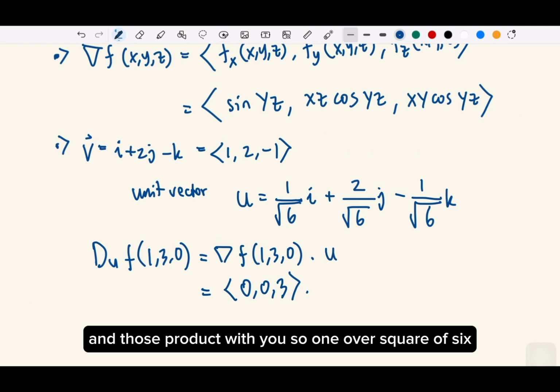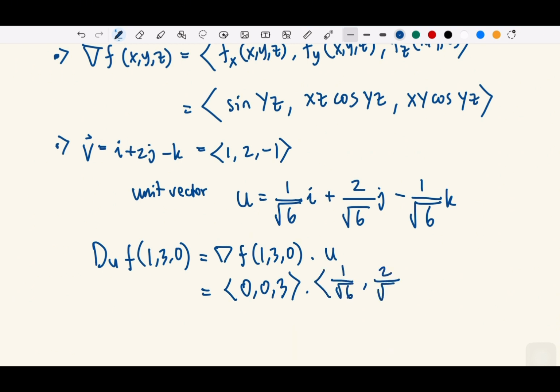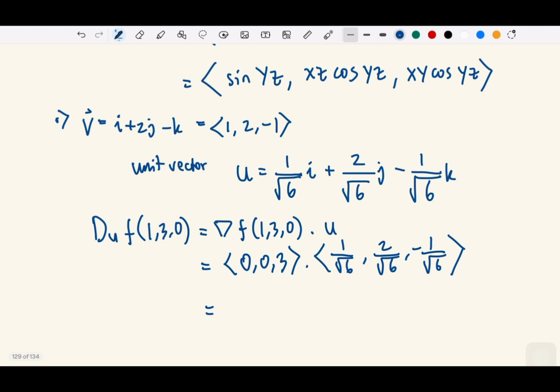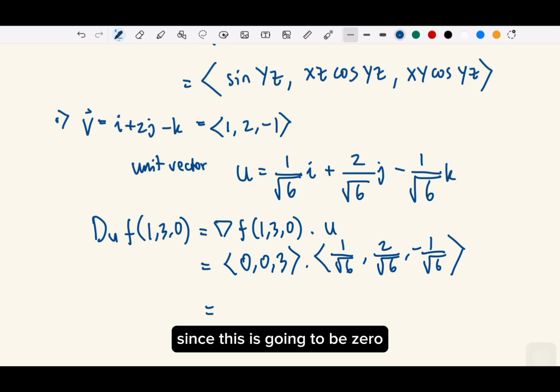And the dot product with u, so 1 over the square root of 6. Since the other components are going to be 0, the only one is on the z part.